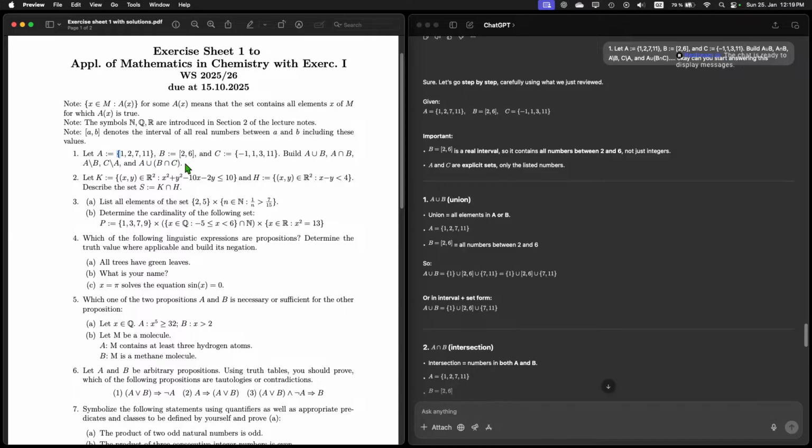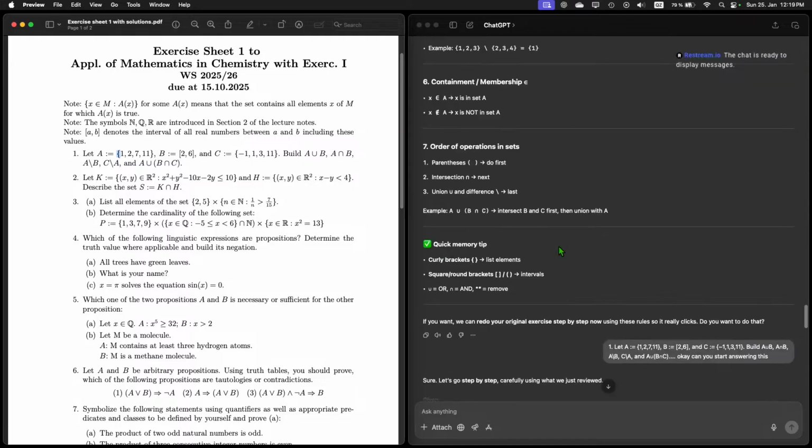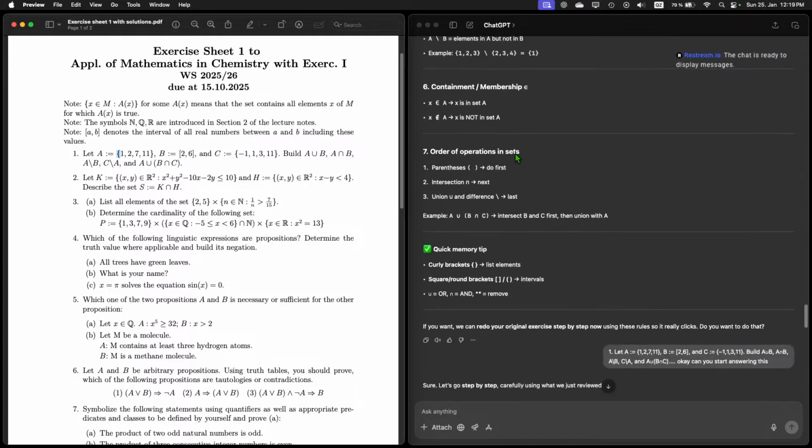And in this, there's a rule, right? Order of operation. Containment membership: X is in the set.